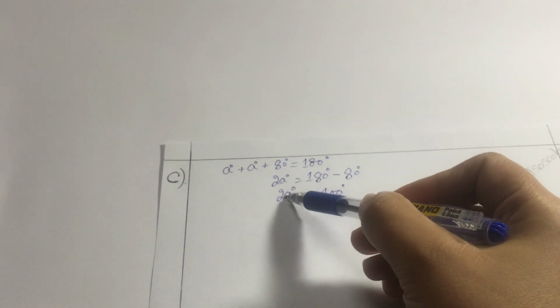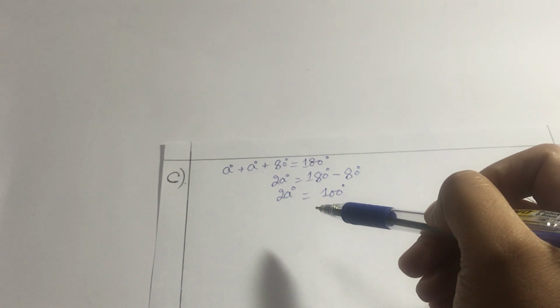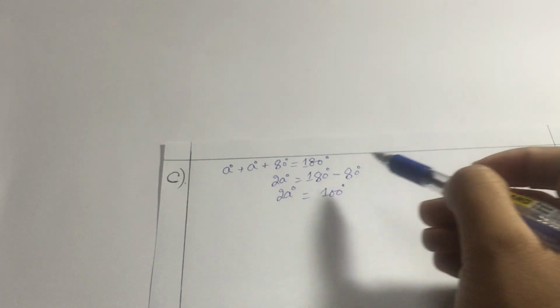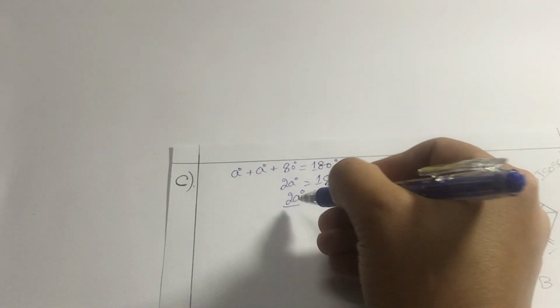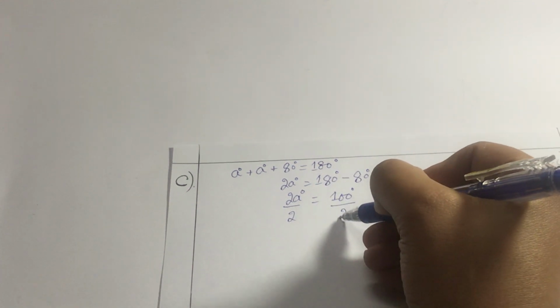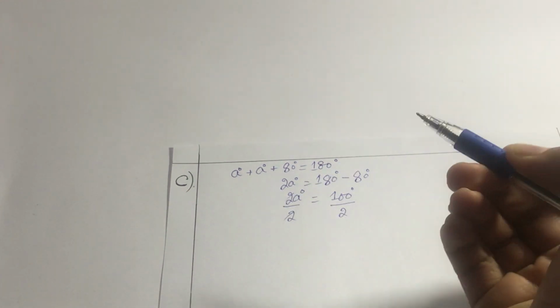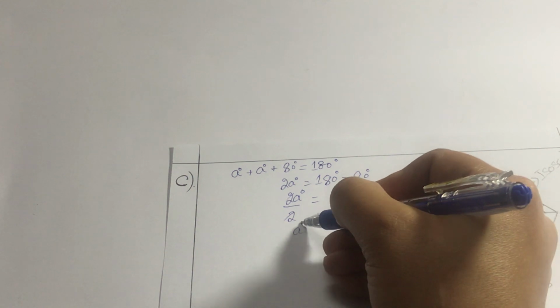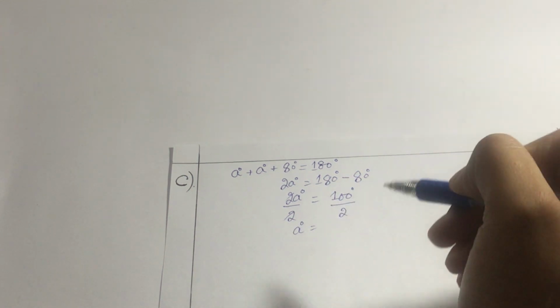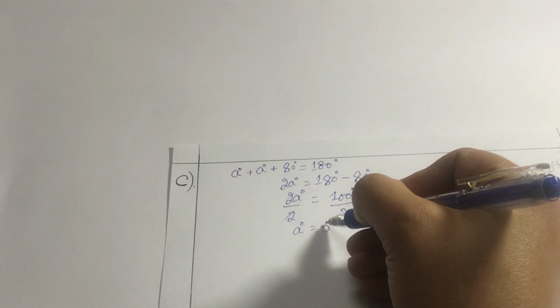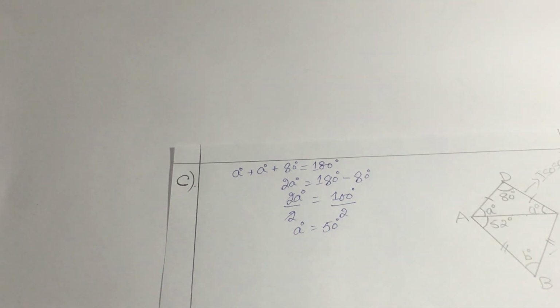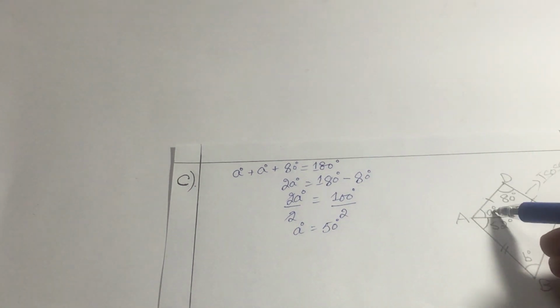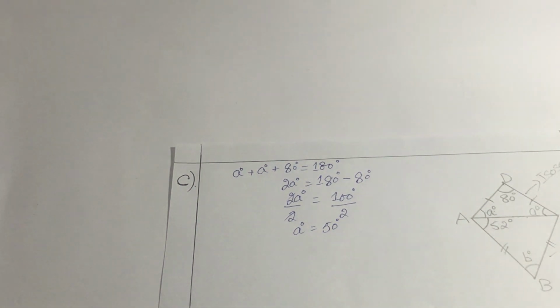Now we need to eliminate this coefficient too. How can we eliminate that coefficient? Yes, we will divide both sides by 2. 2 and 2 will be eliminated. A degrees would be equal to 100 divided by 2. Yes, it would be equal to 50 degrees. That means these two base angles are equal to 50 degrees.